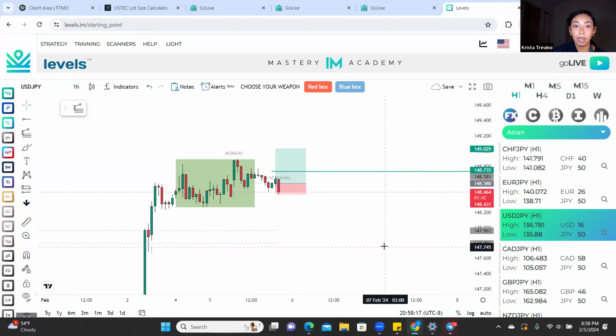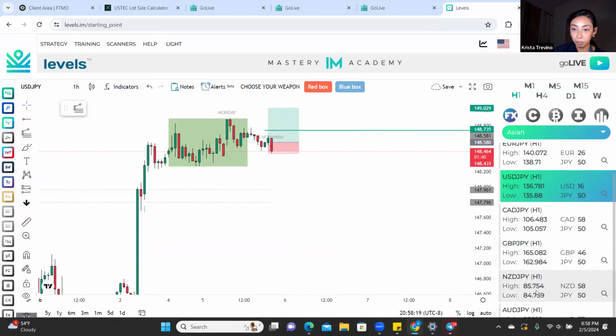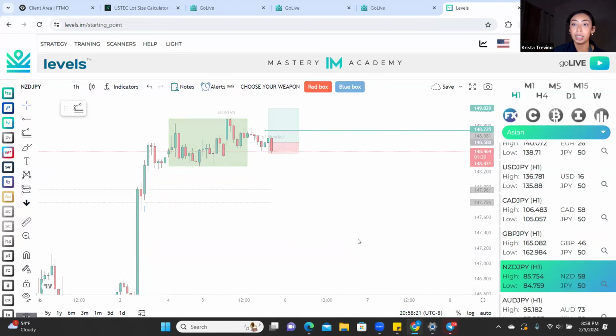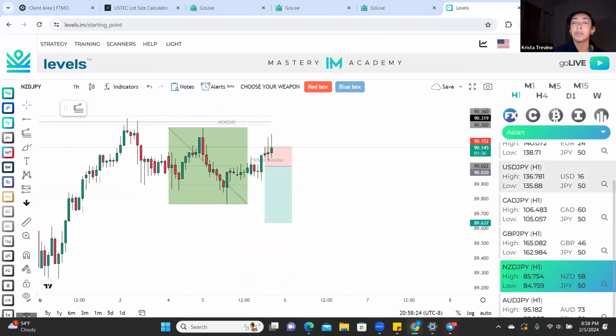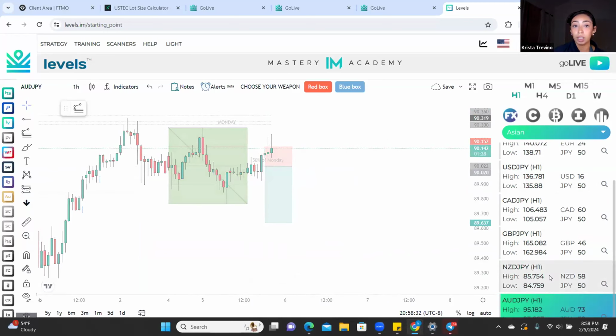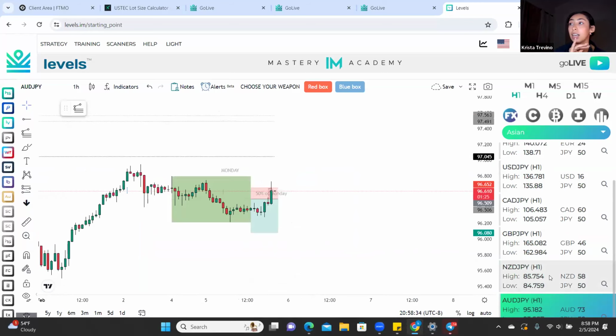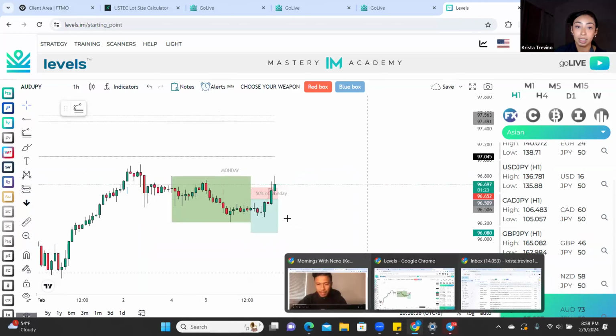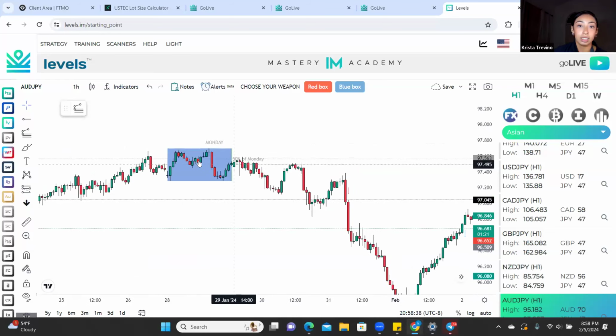So USD JPY just hit stop loss. NZD JPY, and we have these specific ones because we back tested it for over a year. Okay, so we're stopped out of this one. Last week, the Asian pairs smacked. As you can tell right here, smacked. This one is, once it hits the 50%, that's our entry.